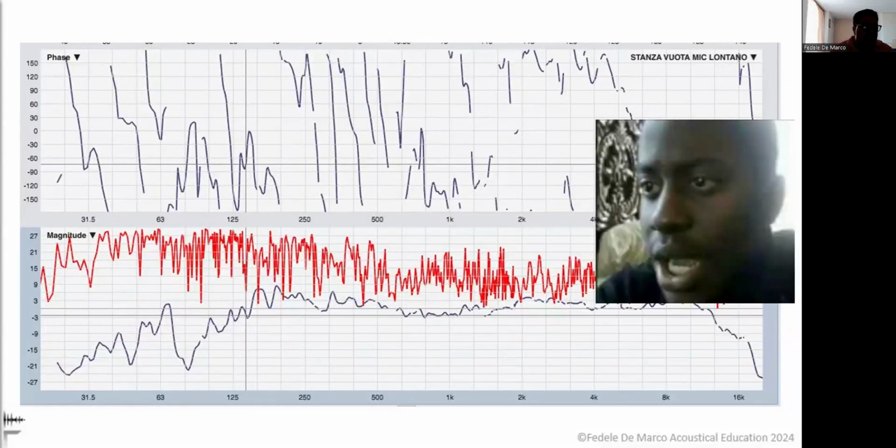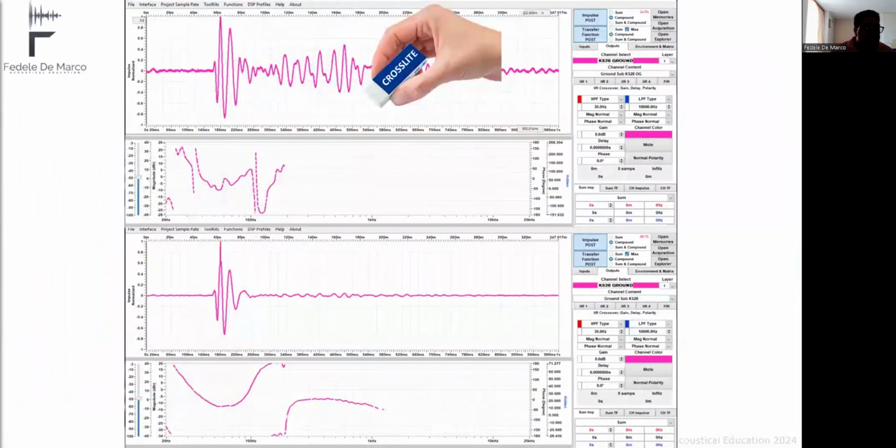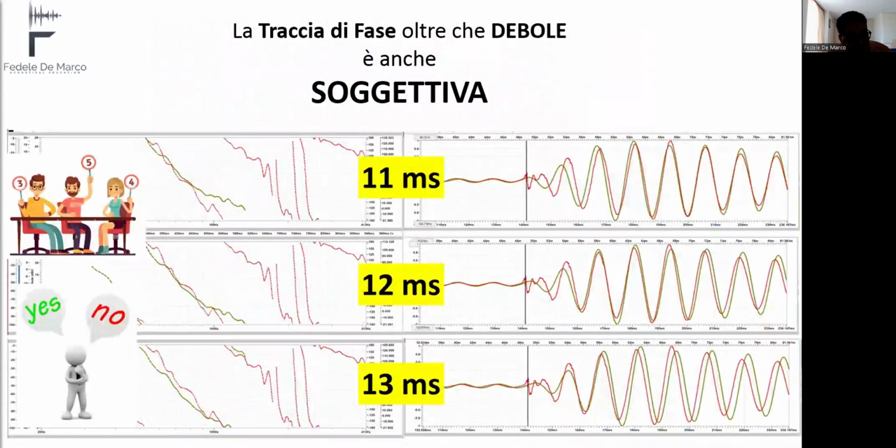We work in a real world where very often the phase trace is not an available commodity. With software like Smaart, we are better able to combat these adversities, but it takes expertise. As I have demonstrated several times in my courses, the phase trace, in addition to being easily corruptible, is also highly subjective.